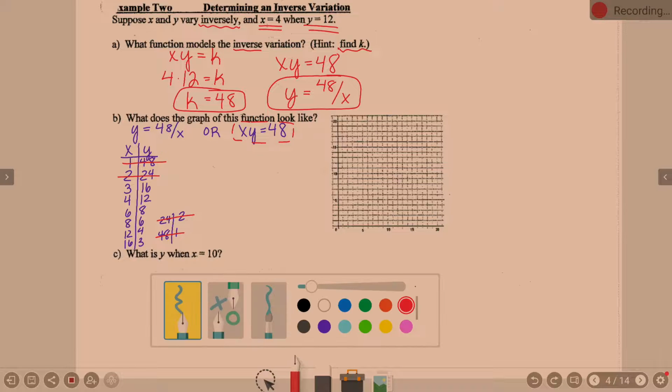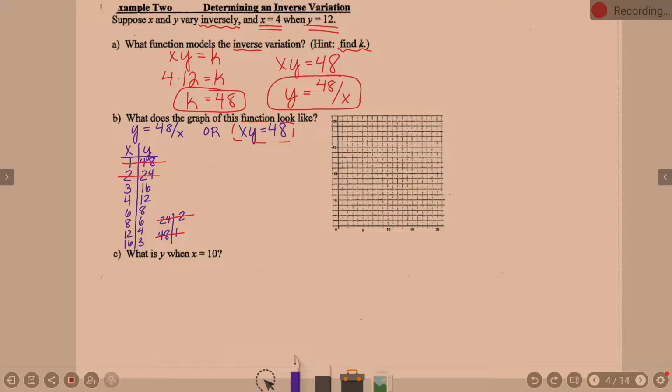Let's go ahead and graph this. So 3 and 16 takes me where? Right 3, up 16.